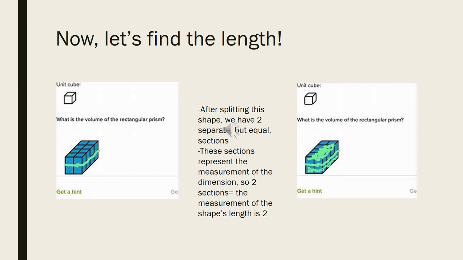So when it comes to the breakaway method, all you're doing is counting the sections which you've already separated. So because we're only separating for the length, we're only counting the sections in which we've already separated for. So we have our top half and we have our bottom half, meaning that there are only 2 sections to represent our length. So that means since we have 2 sections, the measurement for length is only 2.